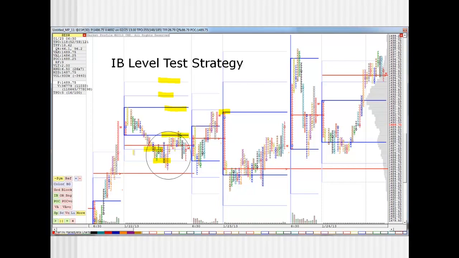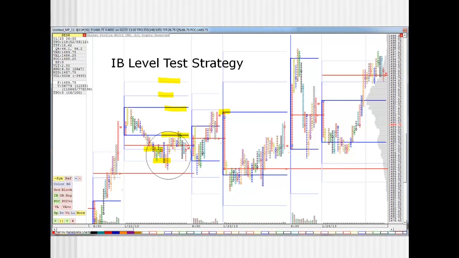So in this case, prices come back for a test and they don't quite make it, drop back, come back for another test, don't make it, drop down, come back for another test. So we begin to see a consolidation or a rotation develop around the 150% value here.